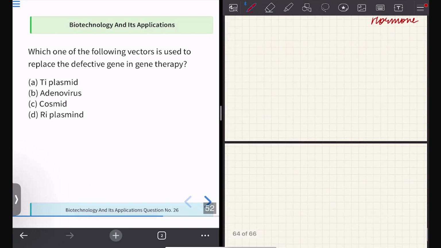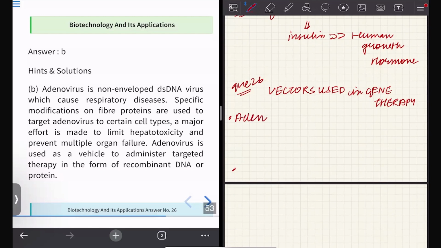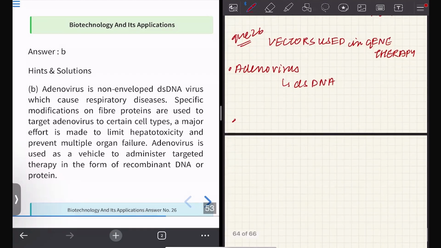Okay. Moving on next, which one of the following vectors is used to replace the defective gene in gene therapy? So we have vectors which are used in gene therapy. An example is adenovirus. So adenovirus is usually used in animals, or we can say mammals. Adenovirus is a double-stranded DNA virus which causes respiratory diseases.